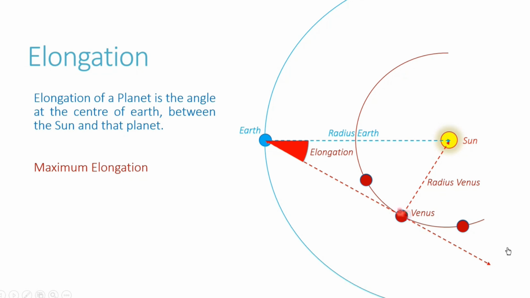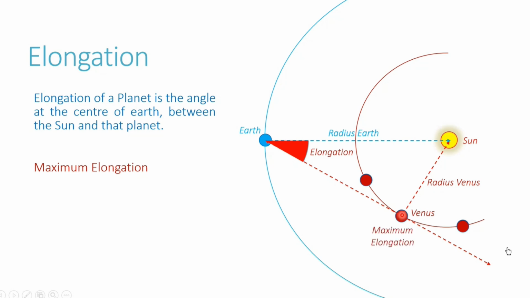Now, this point where the maximum elongation occurs, if you look carefully, is the point where, from the center of Earth, if you draw a tangent to the orbit of Venus, the tangent meets the orbit of Venus at this particular point. This is the point where Venus is going to have maximum elongation.